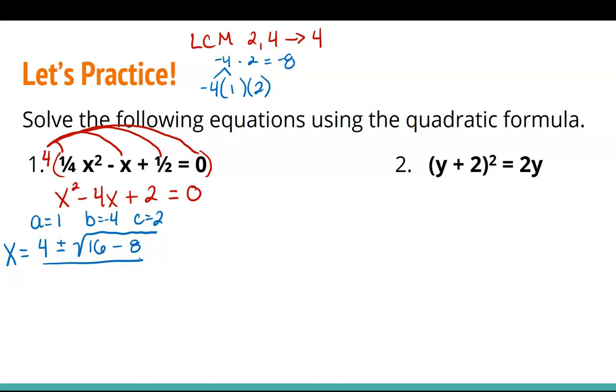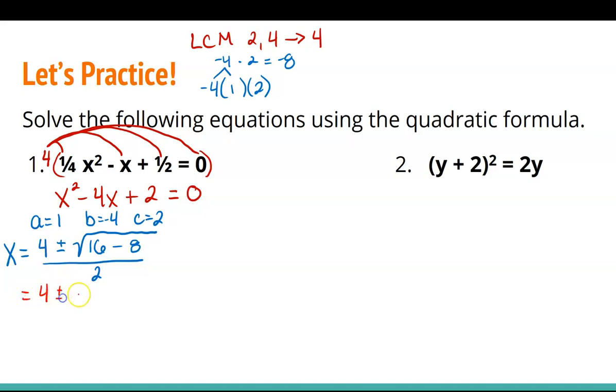All over 2a. 2 times 1 is 2. I like to do a lot of the math in my head or verbally out loud, just so that I don't have to write down all of these steps over and over again when I can just combine things in my head and save myself from writing them.